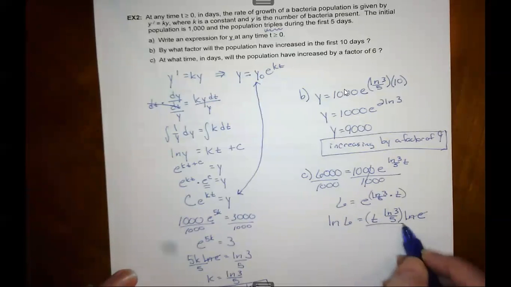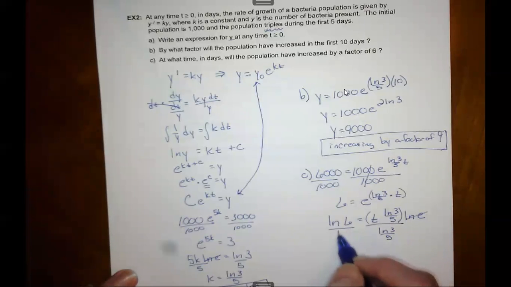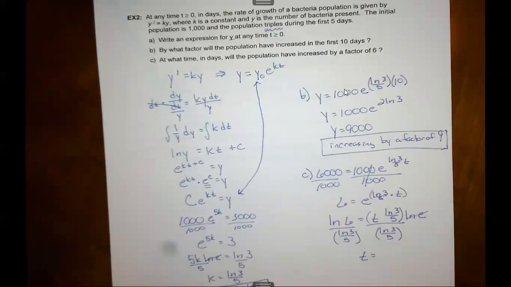So we're just going to divide both sides by ln of 3 over 5. So t will equal ln of 6 divided by ln of 3 over 5.